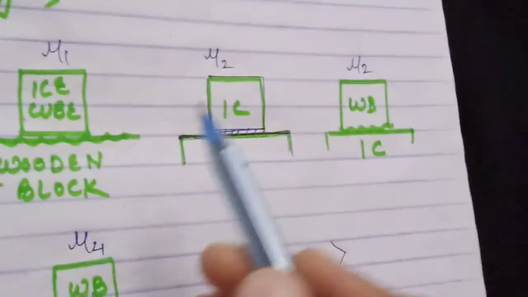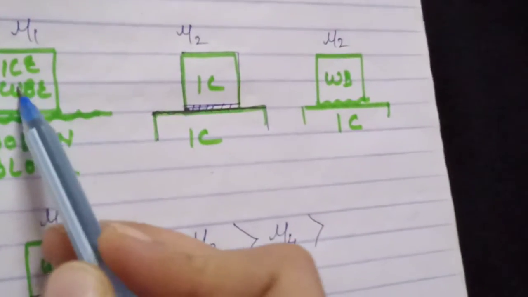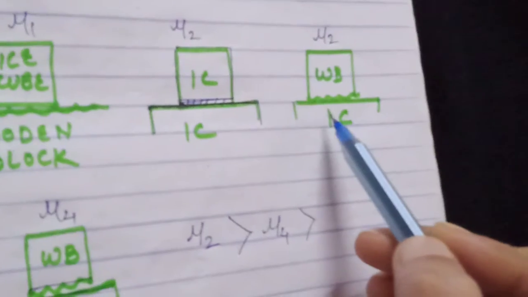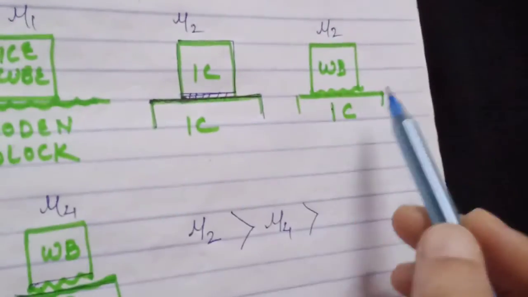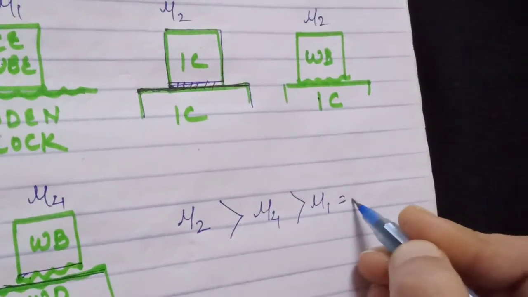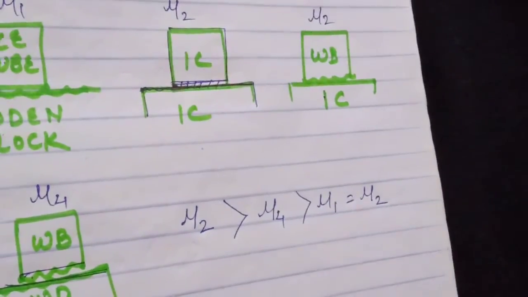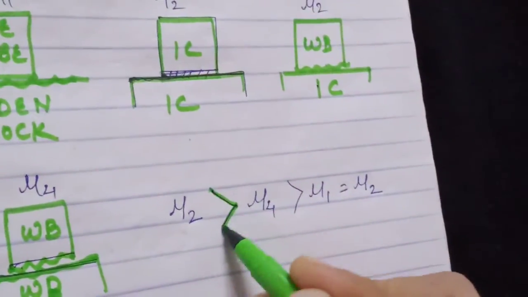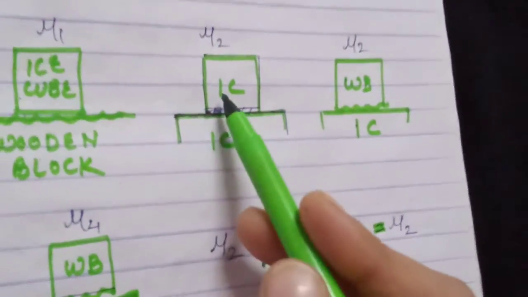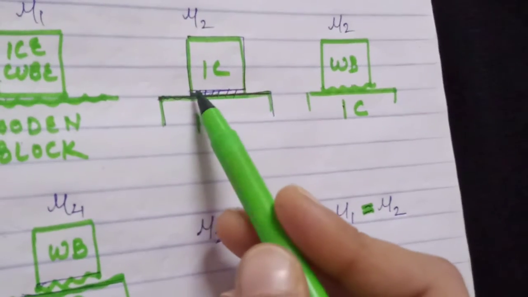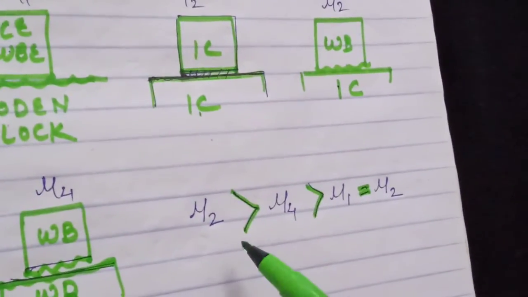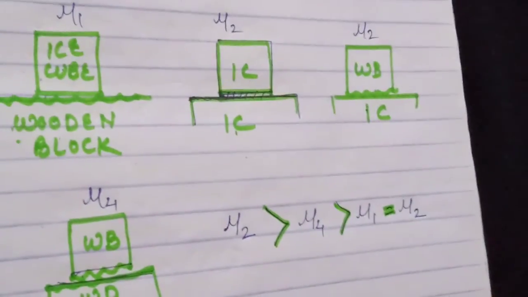And in these two cases, ice cube with wooden block and wooden block with ice cube, the coefficient of friction is the same. So like this, in ice cube and ice cube the bonds are formed, so the coefficient of friction is maximum.